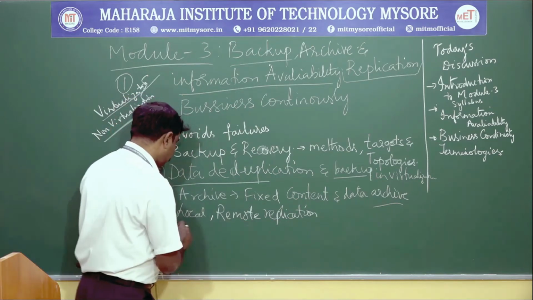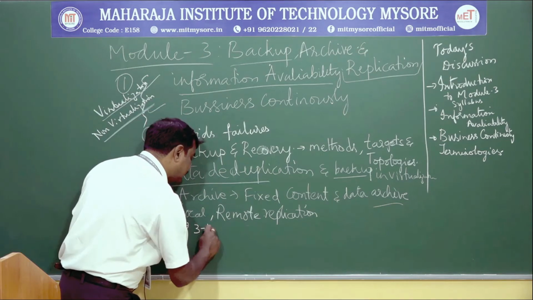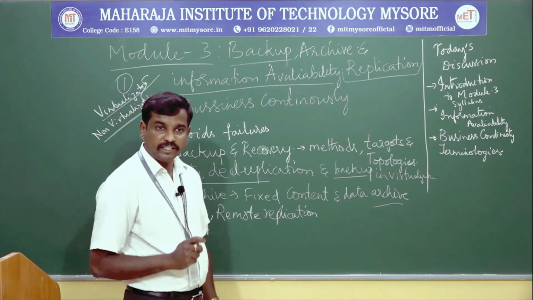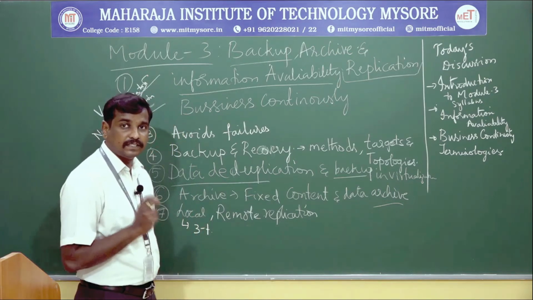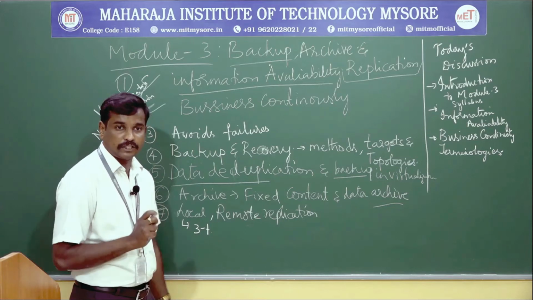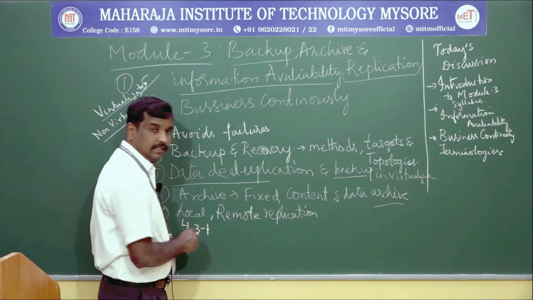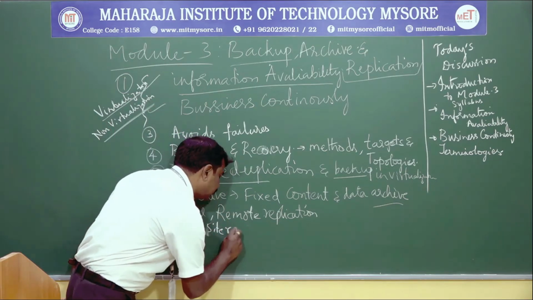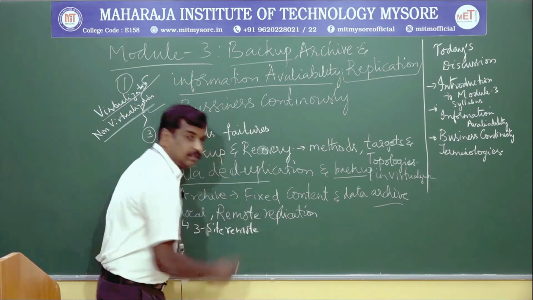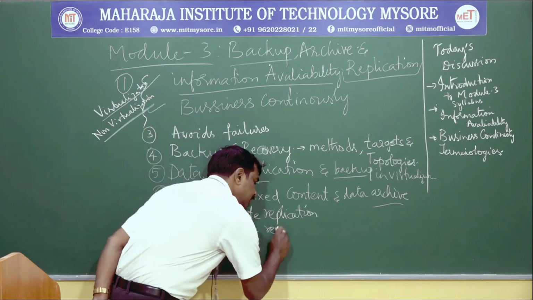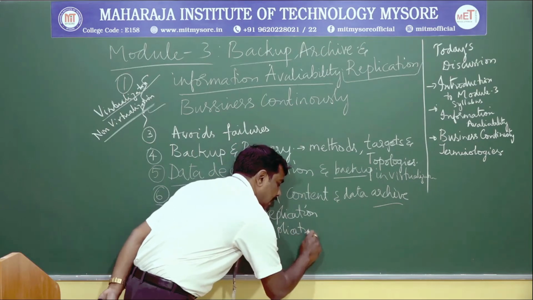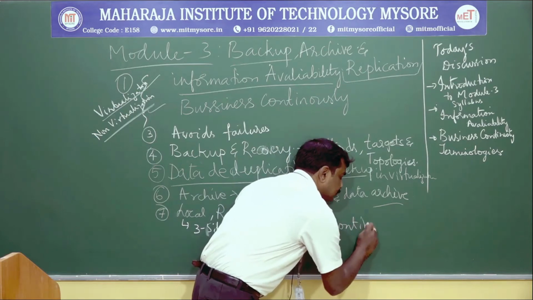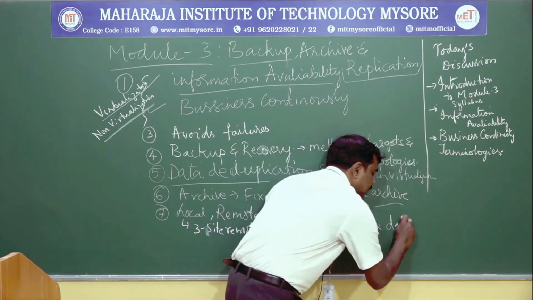Okay, and we learned something called three-site remote replication and business continuity, right? That means the data protection operations. We understand something called three-site remote replication and continuing data protection.